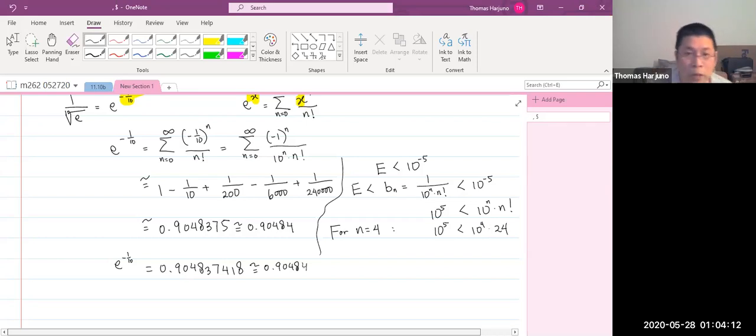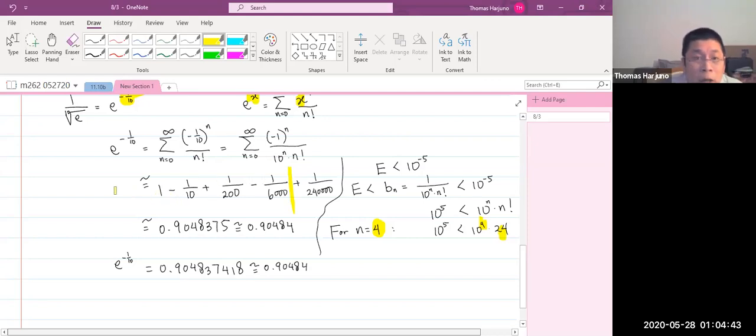Hold on. As I remember, I don't need to go to 4. It means I just need to go up to the third term for an alternating series. Let's see. 1 minus 1 over 10 plus 1 over 200 minus 1 over 6,000.